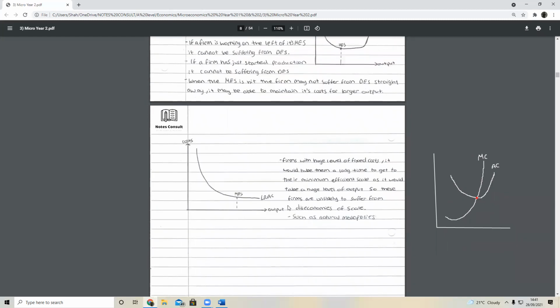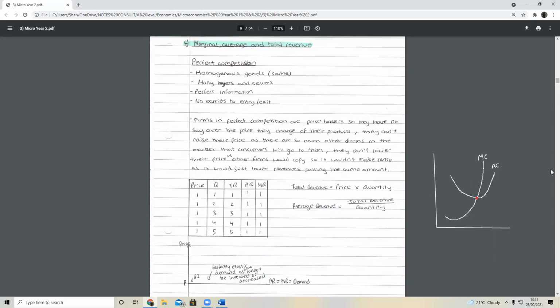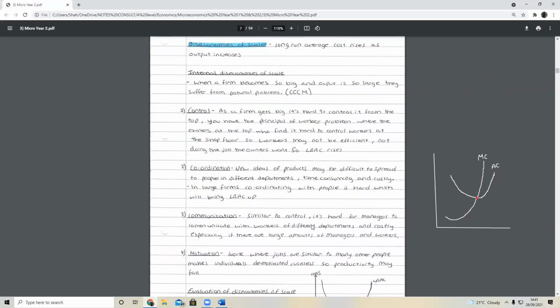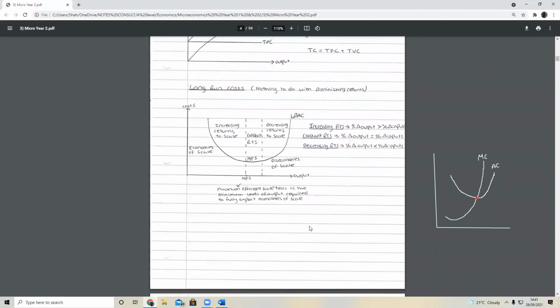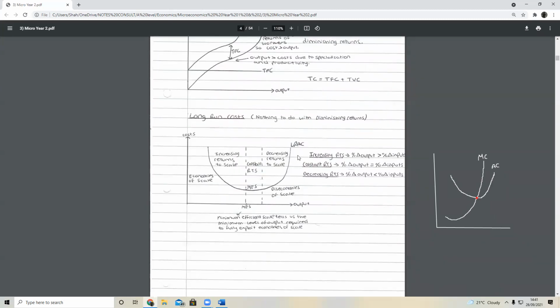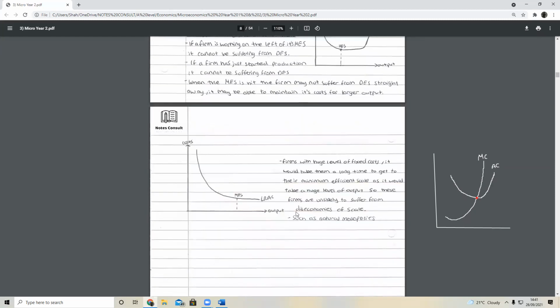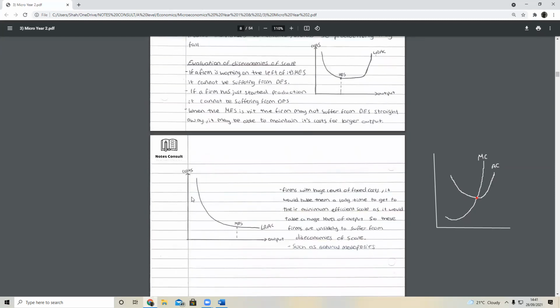One other cost graph that you may need to know is the LRAC, which is basically what we did, but sometimes it can look like this. The long run average cost that we just saw looks like a bucket, right? But the long run average cost here is also a bucket, just showing us the left part of it.